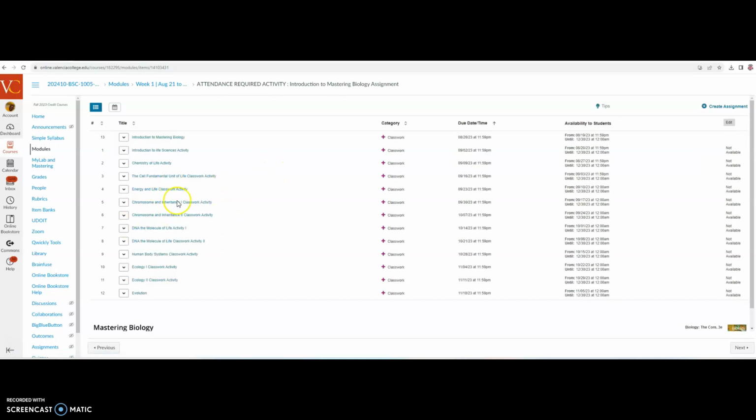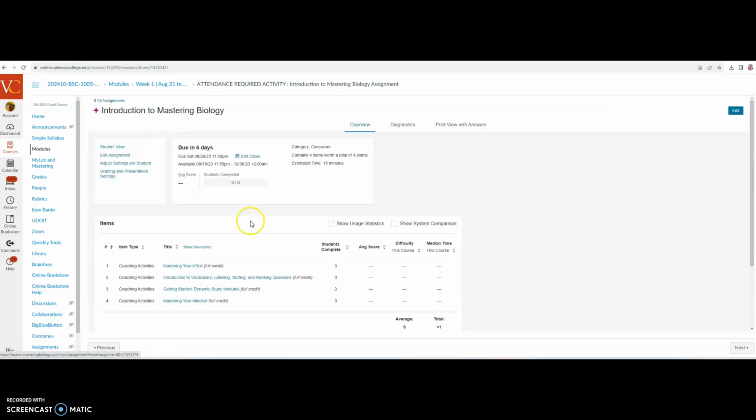If you look, it'll take you to where all of them are, but you will have access to them as you progress throughout the course. But you see, this is the first one. If you click on it, it'll actually give you the links to click in each one of the questions. You answer them, you submit them by the due date and the time, and they get automatically graded and they get transferred into your Canvas grade book.